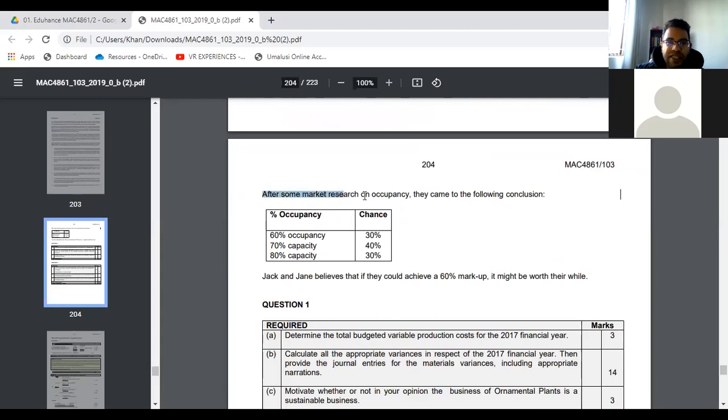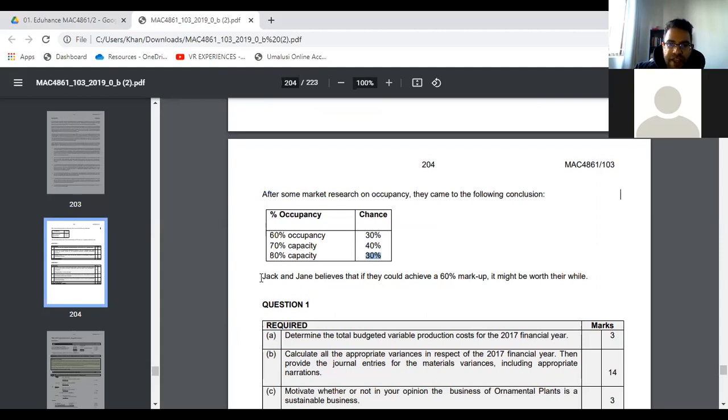After some market research on occupancy, they came to the following conclusion. There's a 30% chance of 60% occupancy, a 40% chance of 70% capacity, and a 30% chance of 80% capacity.